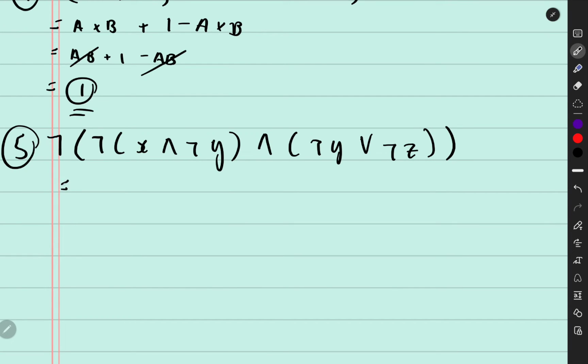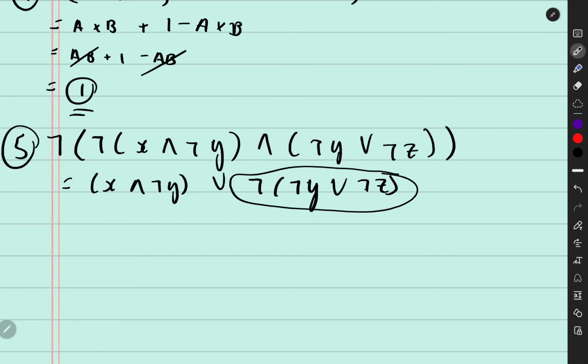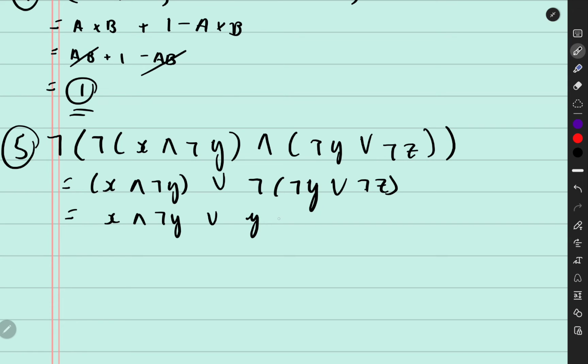So before changing it algebraically, you have x and not y, or not of not y, or not z, right? And look, you know the De Morgan's, so we have x and not y, or y and z.